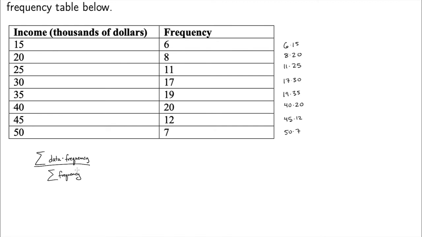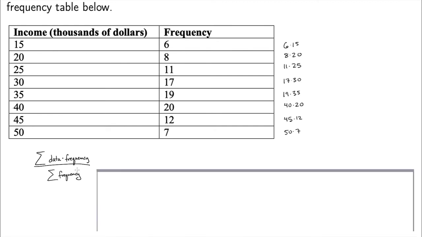Now I'm going to go ahead and do this now in the calculator. So all of those numbers that I wrote there on the side, now we're going to add those in the numerator. So 6 times 15 plus 8 times 20 plus 11 times 25 and so forth. And then in the denominator, I need the sum of the frequencies.